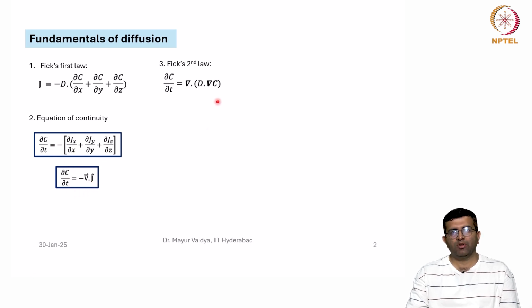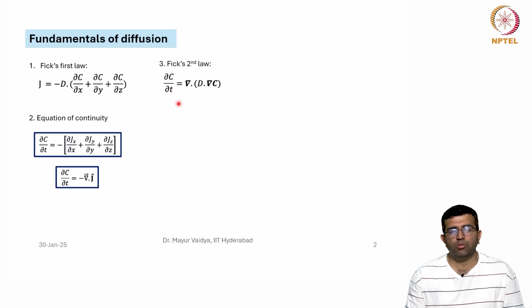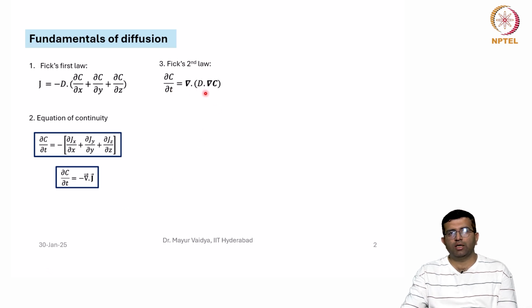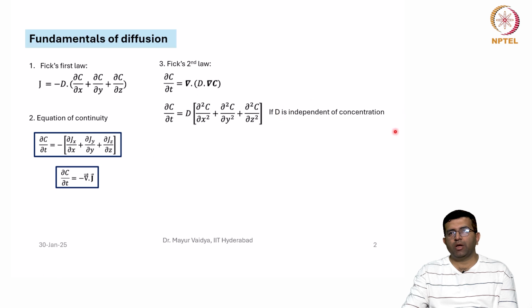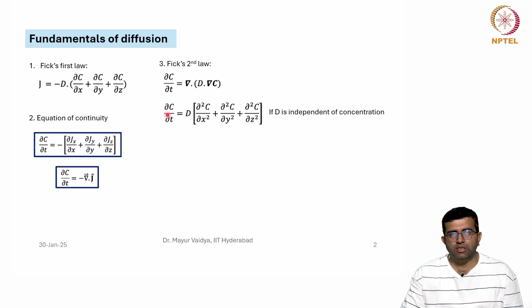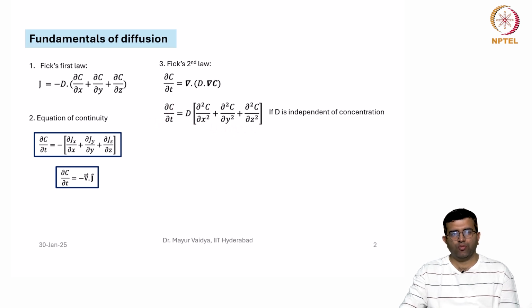we derived Fick's second law, which is dou c by dou t equal to del dot D dot del c. And if D is independent of concentration, then Fick's second law can be written as D into dou square c by dou x square plus dou square c by dou y square plus dou square c by dou z square, equal to dou c by dou t.